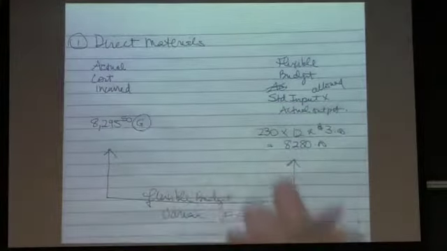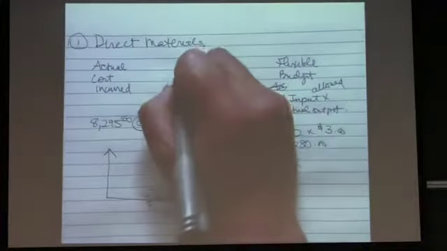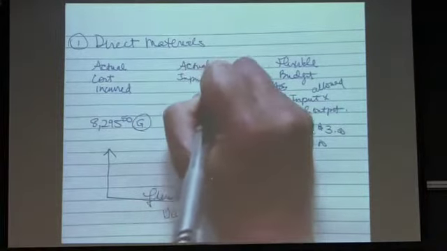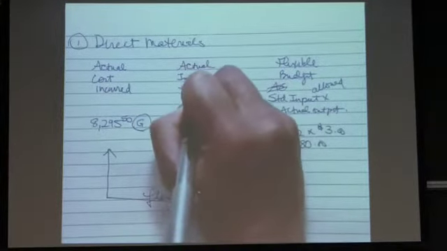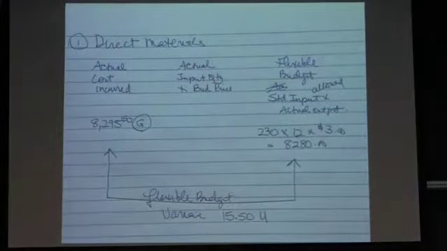So for us to be able to figure out the price and efficiency, we need a third column. And that third column is actual input quantity times budgeted price. So what we want to do is isolate the difference in price.